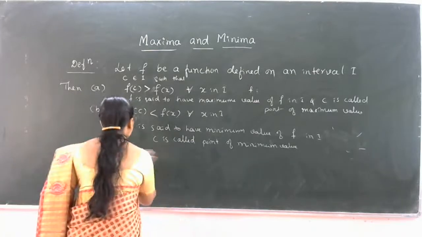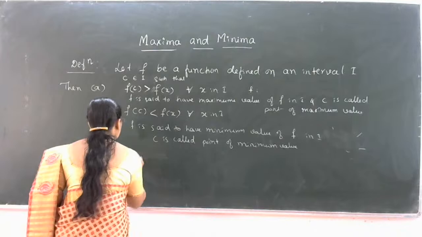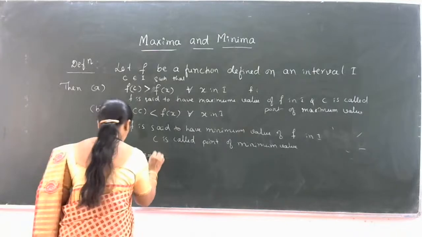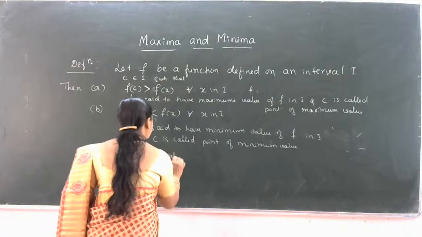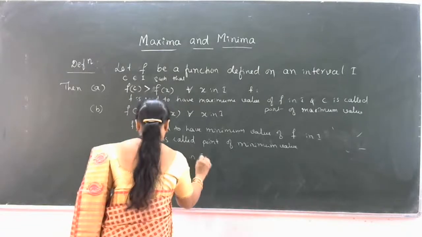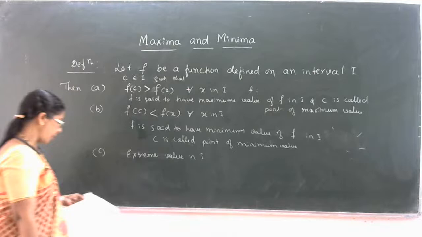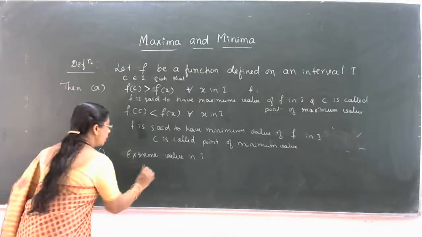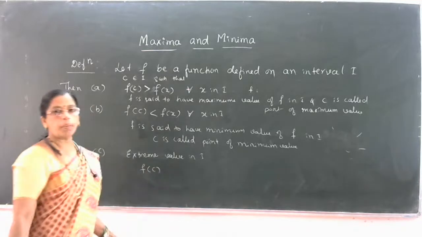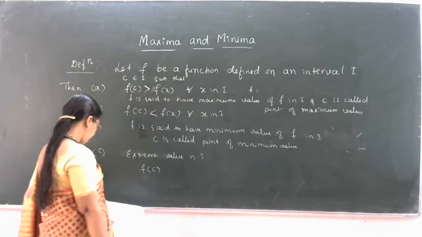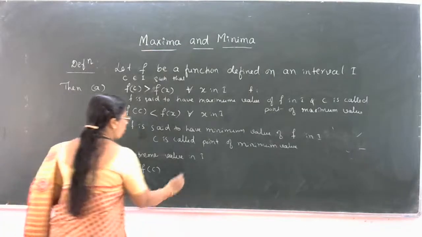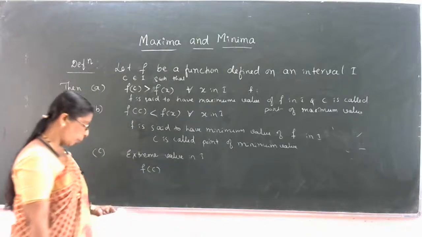It's called extreme value. If there exists a C such that f of C is either the maximum value or minimum value of f in I, then C is called the point of extreme value.